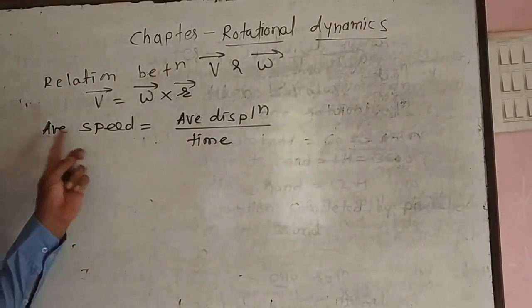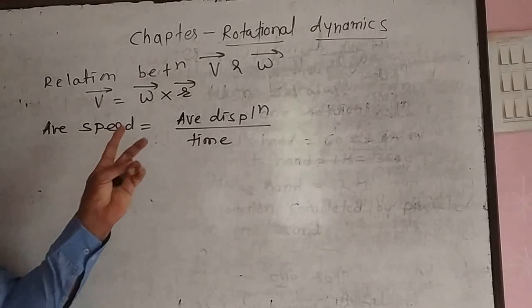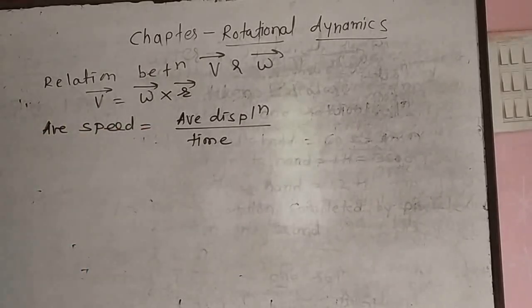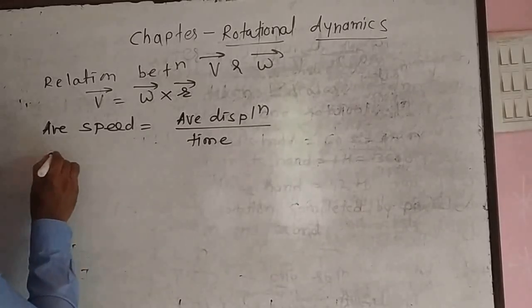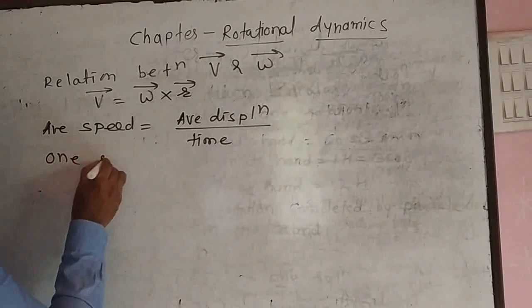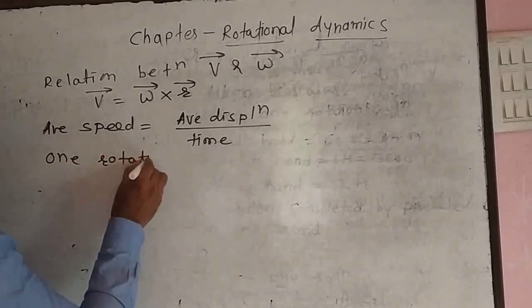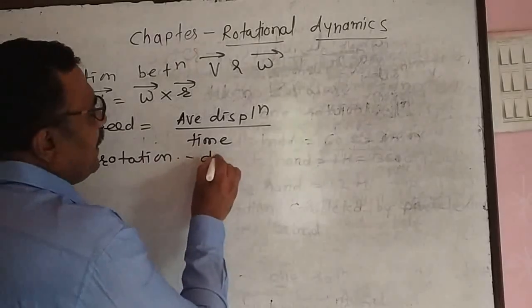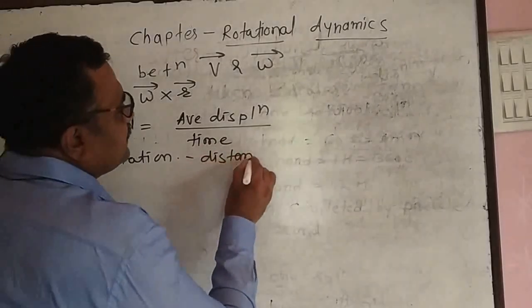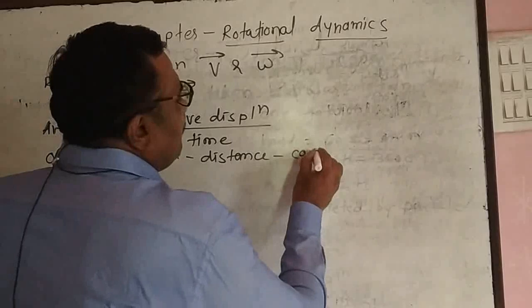This is the general formula to calculate speed of a particle in any type of motion. Now consider circular motion. Suppose the particle completes one rotation. In one rotation, how much distance is covered by the particle?